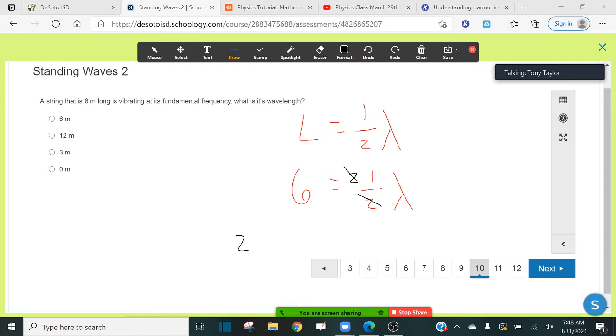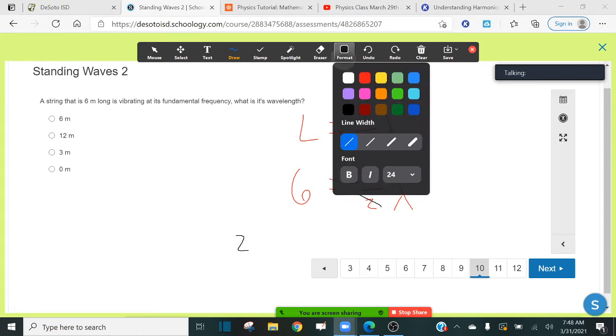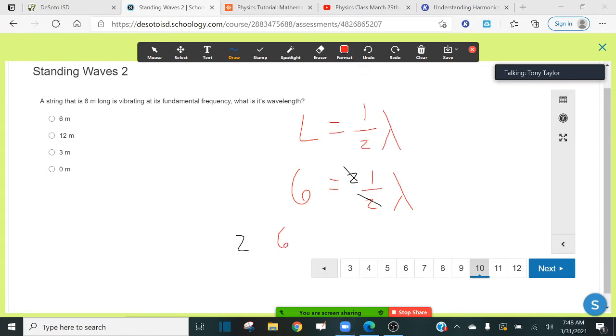So 2 times 6 is equal to lambda. Okay, so what is 2 times 6? 2 times 6 is obviously 12. So my answer there is 12 meters. Okay.